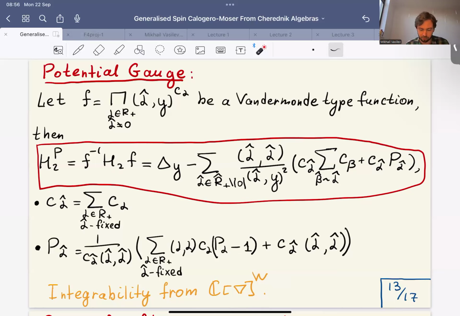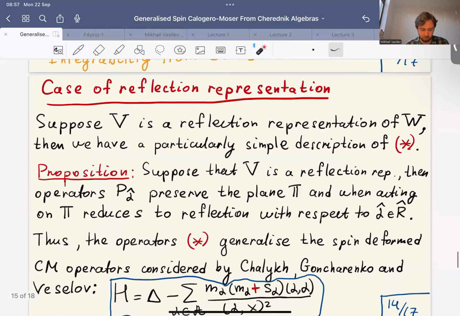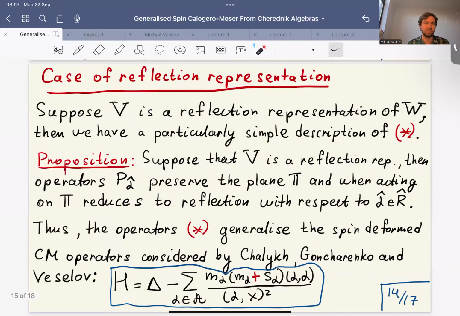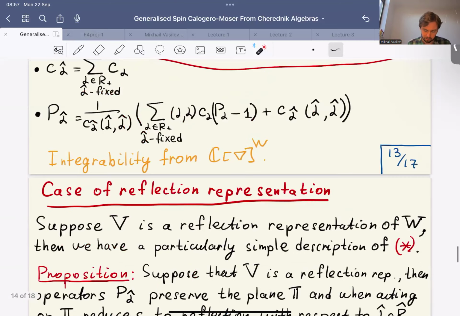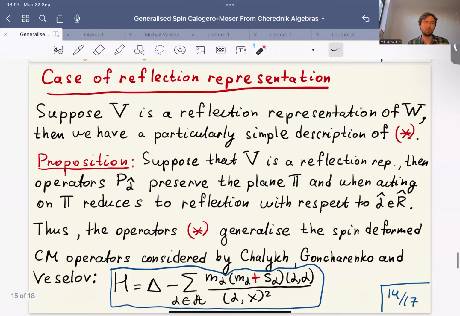Now let's say a few words about the case of the reflection representation. Every Weyl group has a reflection representation, where it just acts by reflections on the roots. So we took a root system and a plane pi, and we projected our root system onto the plane pi.